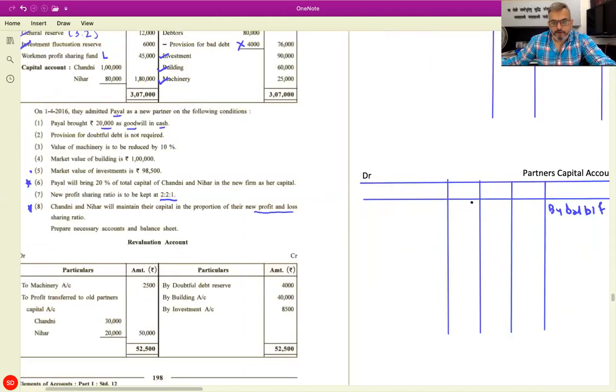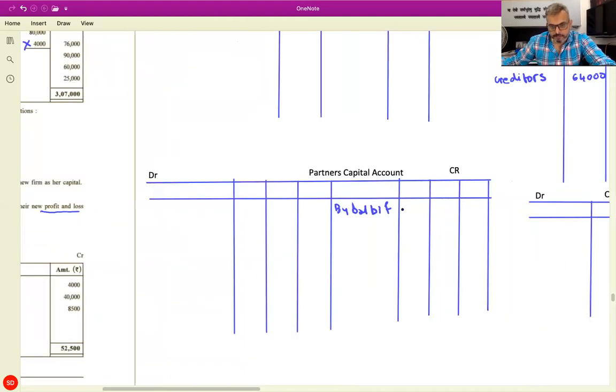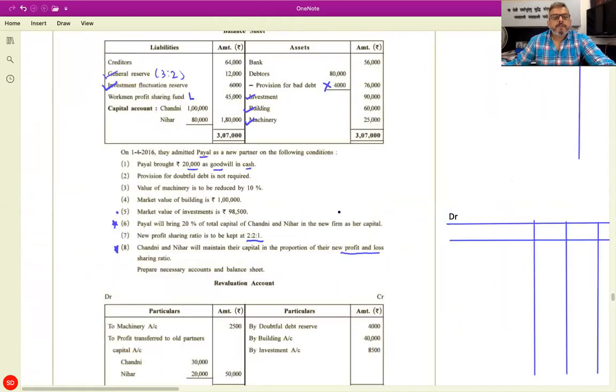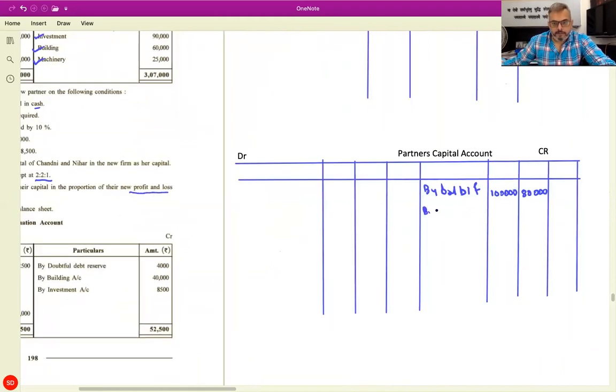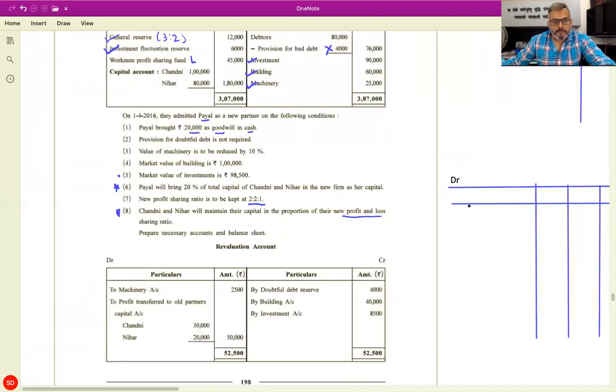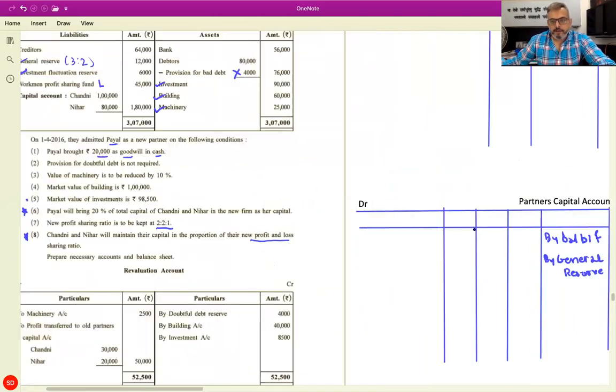Balance brought forward 1 lakh and 80,000. General reserve 12,000. So by general reserve 12,000, 3 is to 2.